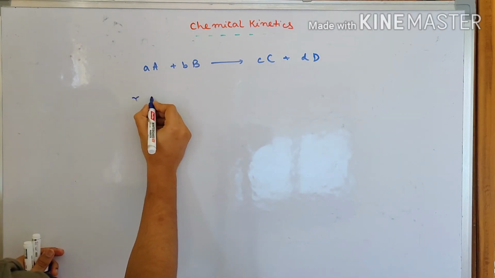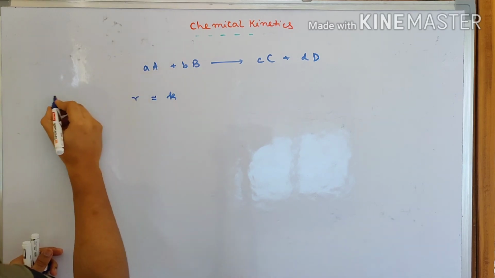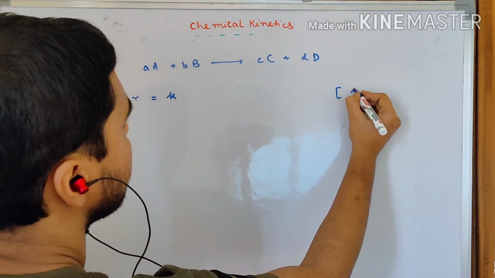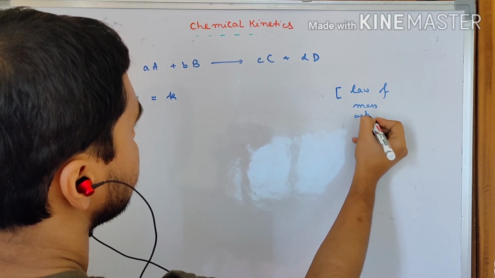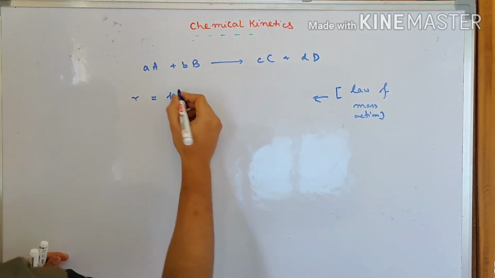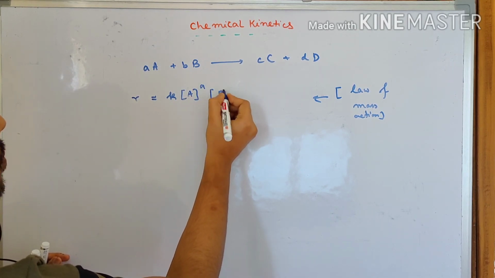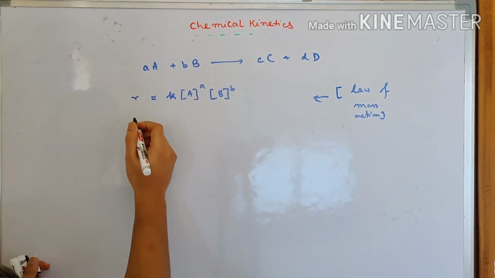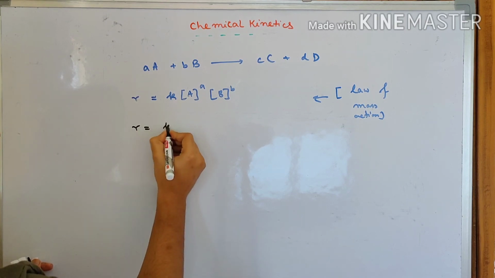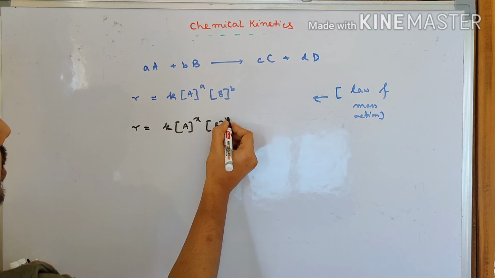So the rate, as per the law of mass action, should be A to the power a and B to the power b. But actually what happens, it is A to the power x and B to the power y.